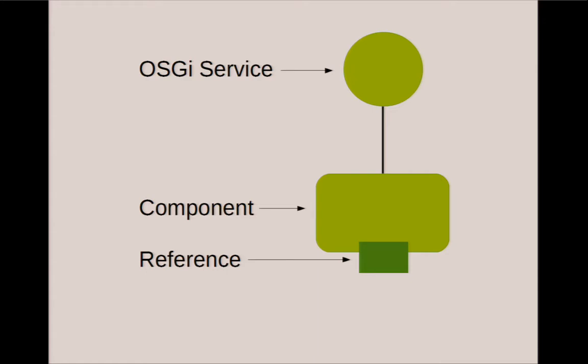For the following diagrams, I wanted to show what the pictograms mean. This is an OSGi service, which is offered by a component, and the component has a reference that wires to another OSGi service. So this is how Declarative Services normally works. May I ask you how many of you have ever used Declarative Services?